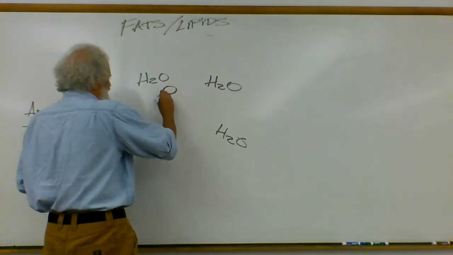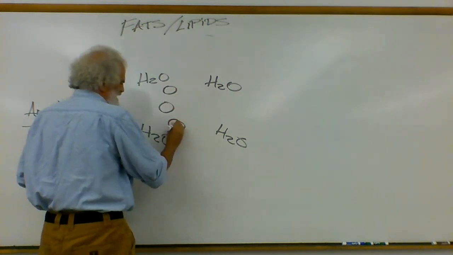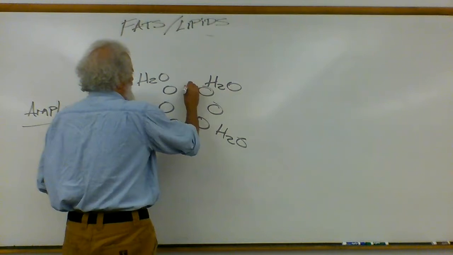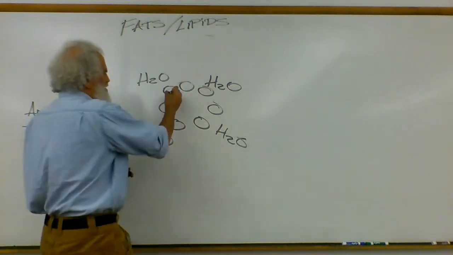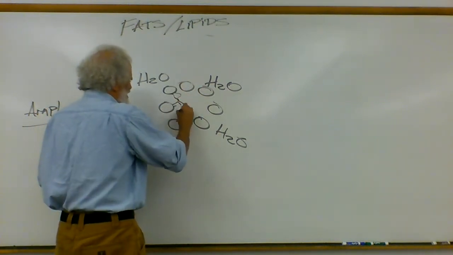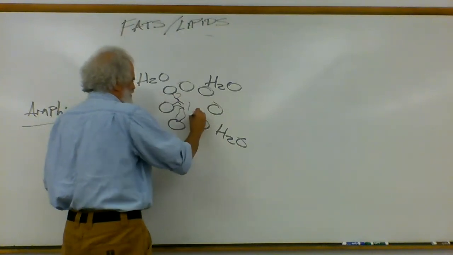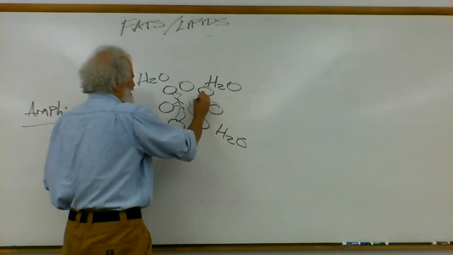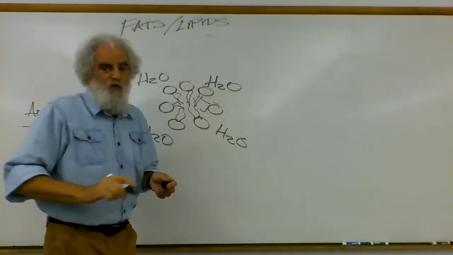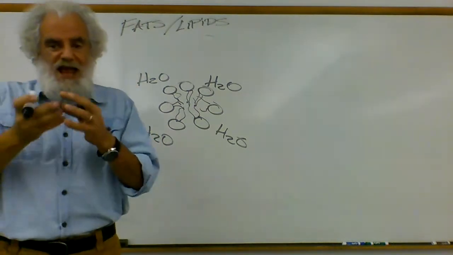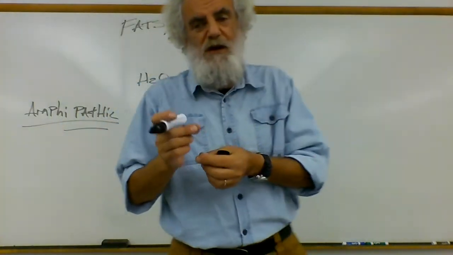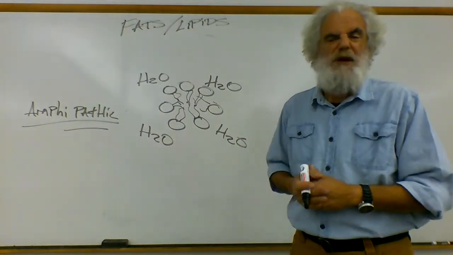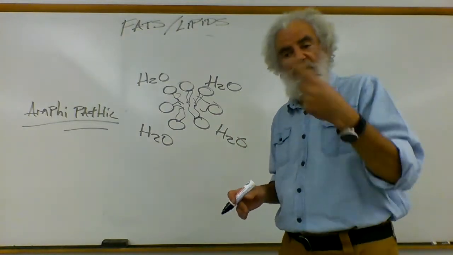We have the polar heads sticking out, interacting with the water, and then the nonpolar tails are sticking in, having their own little fat party. And we can create a little phospholipid blob. It's known as a micelle. Not your cell, it's my cell.